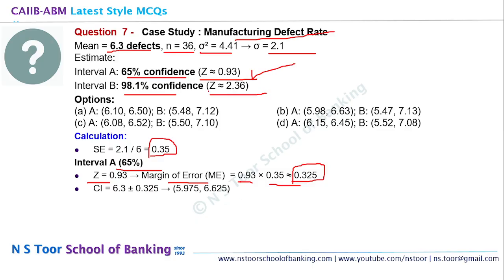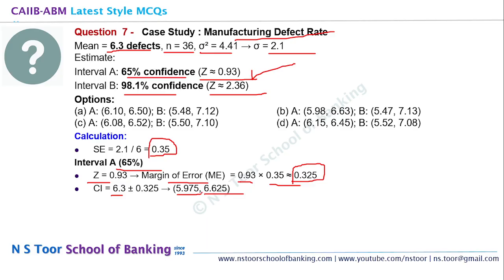So how will I do this? What is my population mean? 6.3 plus or minus the margin of error. So 6.3 minus 0.325 is for the lower level, that is 5.975. 6.3 plus 0.325 is equal to 6.625, that is for the upper level.